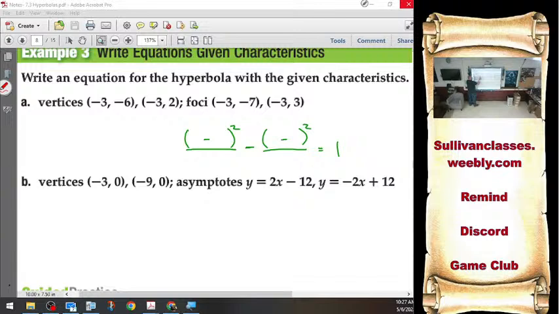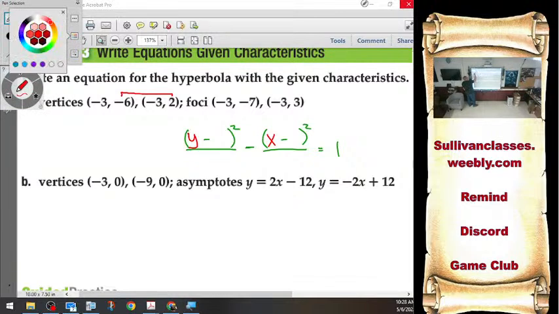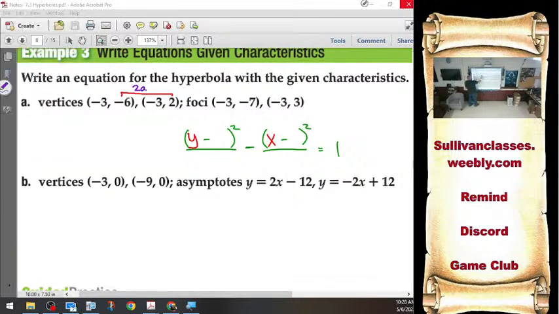But when I see that my y's are changing for my vertices, and they lie along the transverse axis, that tells me my transverse axis is vertical, because it's the y's that are changing. So that tells me y goes first. Additionally, that distance is still 2a. So a is 4. And since I know that this goes first, I know that the a squared goes with it.